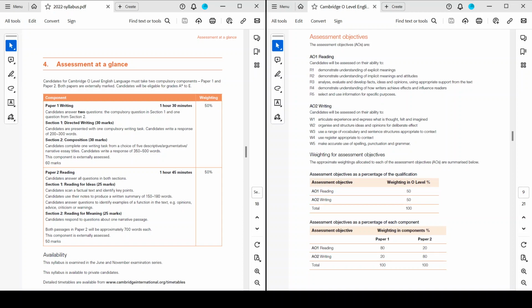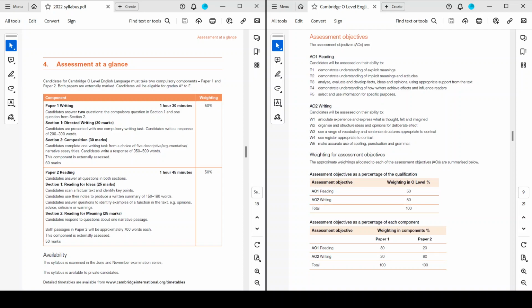Organize and structure ideas and opinions for deliberate effect. As mentioned in the reading objectives, how writers achieve effect, when the student is writing, they should also be able to, to a certain extent, present their ideas and opinions to produce a certain effect for the reader, which would be the examiner.